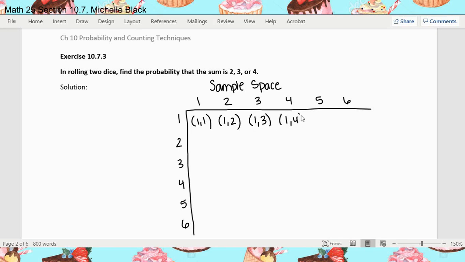And I can continue this pattern where I roll a 1 and a 4, or maybe it was a 1 and a 5, or a 1 and a 6. But maybe on my first die, I rolled a 2, and on my second die, I rolled a 1. Or I rolled a 2 on both dice. Or I rolled a 2 and then I rolled a 3. If you continue this pattern, you can write out all of the different outcomes for rolling 2 dice.